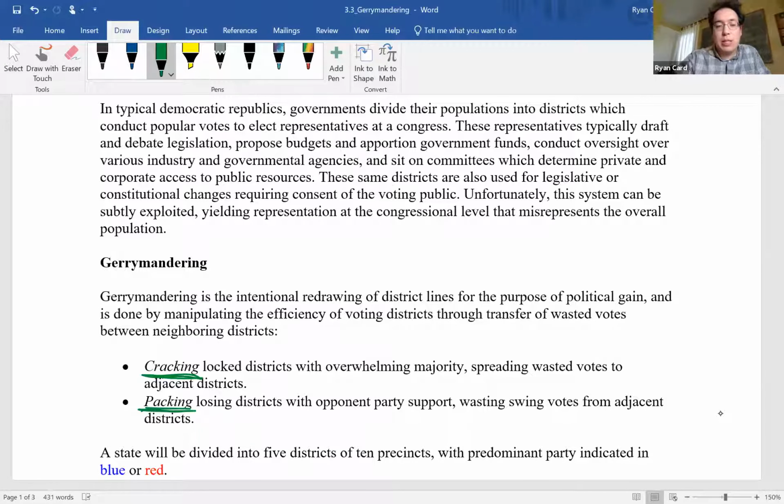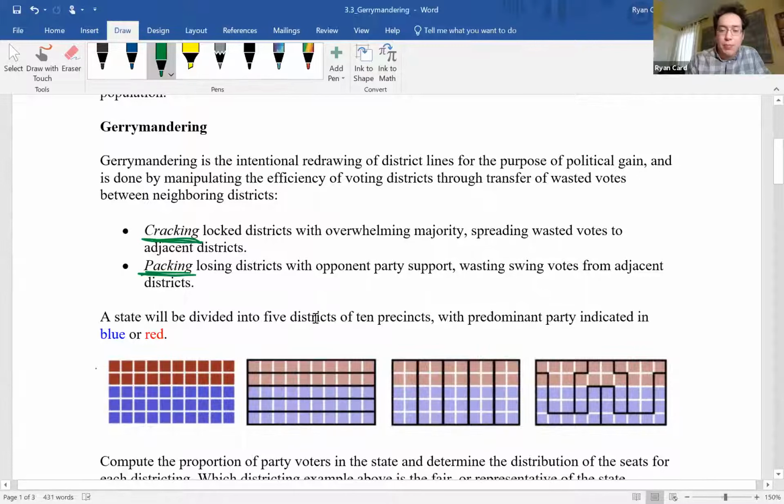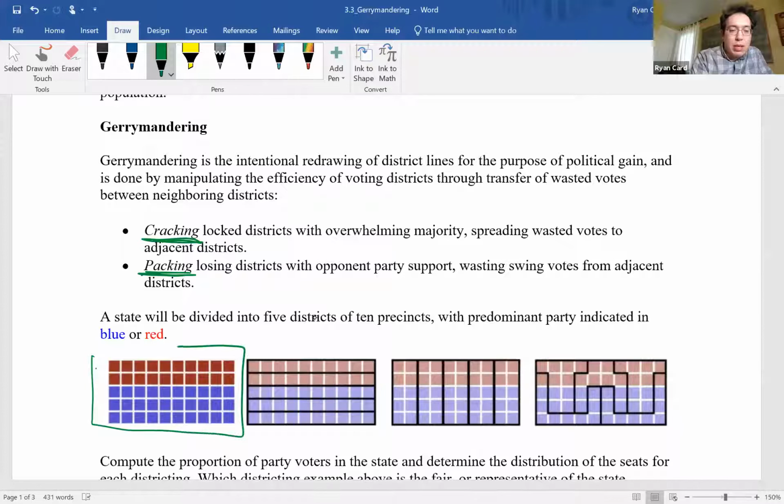All right, so both of these techniques tend to concentrate wasted votes for one side. So let's say we have this rectangular state shown below, and there are two parties, the blue party and the red party. On the right, there are three different types of districting that one could draw, but the result for each type of drawing is radically different.